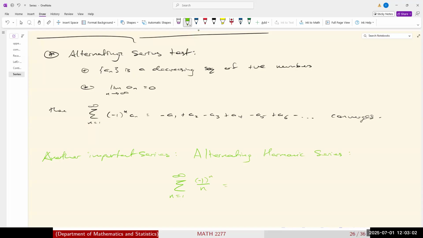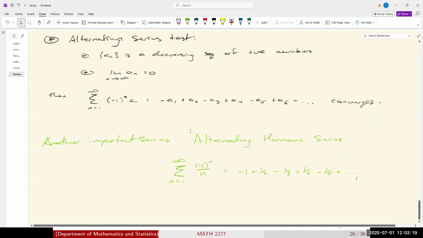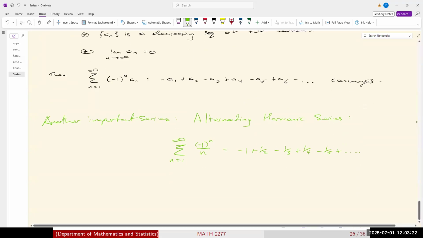So all this is minus 1 plus a half minus a third plus a quarter minus a fifth plus a sixth and so on. It's the original harmonic series, but now you flip the sign of every other term. And this actually converges.